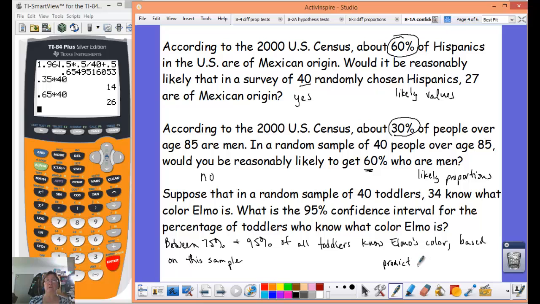That is, we predicted that in the population of all kids, 75 to 95% of them should know Elmo's color. So we predicted a population parameter. And that's big stuff, folks. We're heading where we want to go.